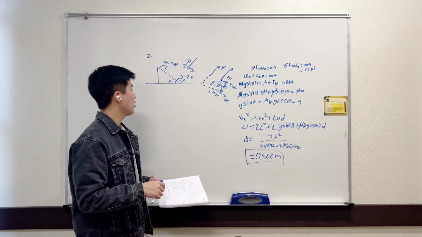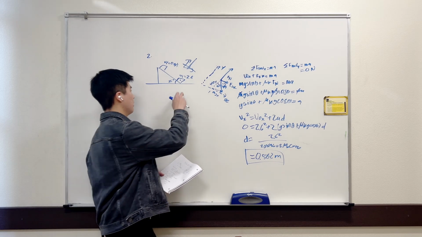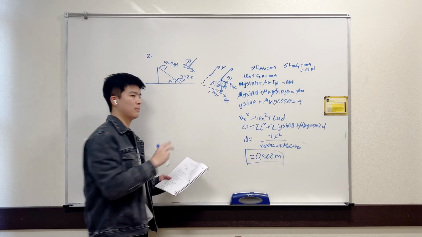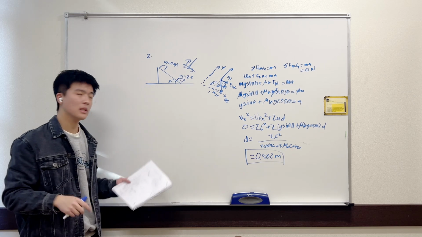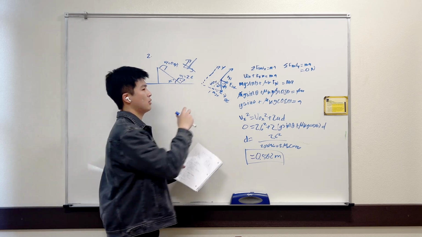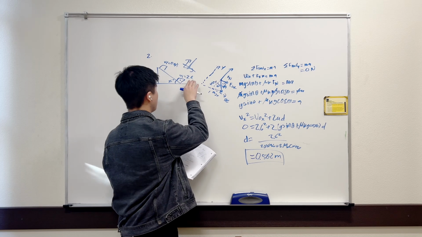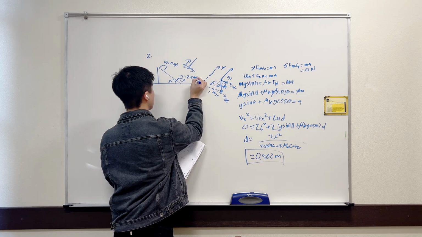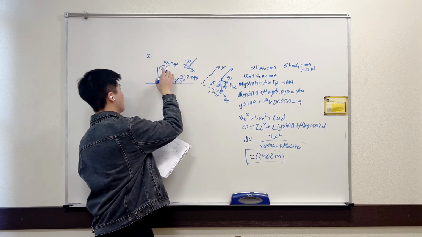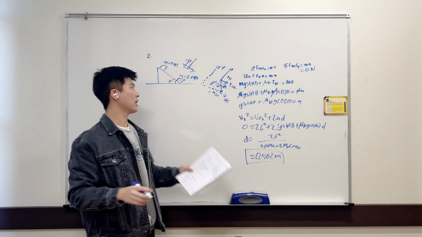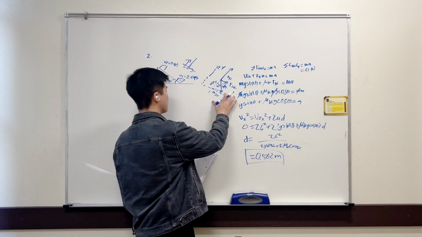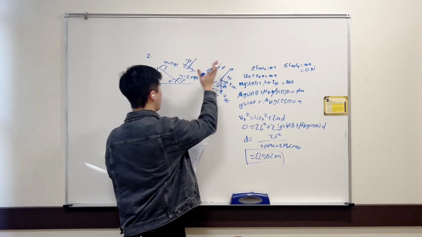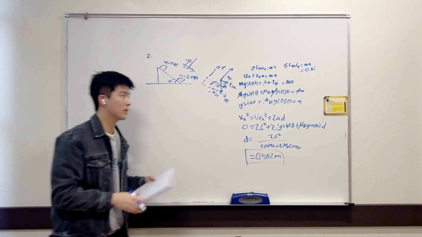Just to recap and go over everything that we did, we had an object that was initially on a frictionless surface go onto an inclined plane of 25 degrees. We know that the initial velocity as soon as it was on the plane was 2.6 meters per second. And then the final velocity at its highest peak on the plane was 0 meters per second. With this knowledge, we set up the coordinate planes: y perpendicular to the surface, x parallel to the surface.